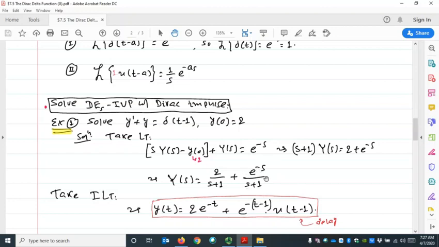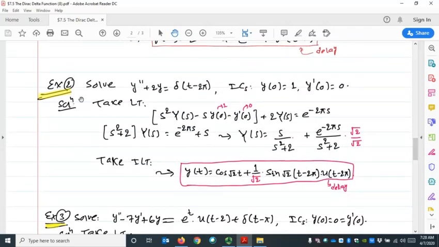First find the inverse Laplace transform of 1 over s plus 1, which is e to the power negative t, and then multiplying the transform by e to the negative s means we are delaying the signal in time. So delaying by 1, we get e to the power minus (t minus 1), multiplied by the unit step function u of t minus 1. That's our second translation theorem. Great. Let's move on.